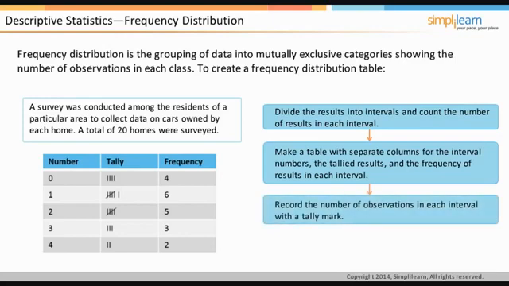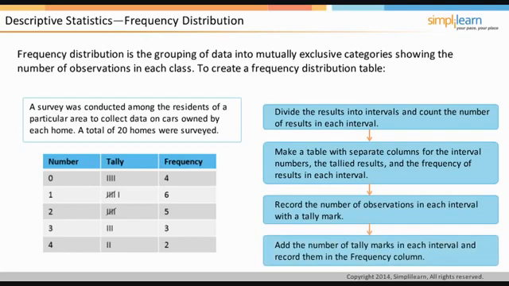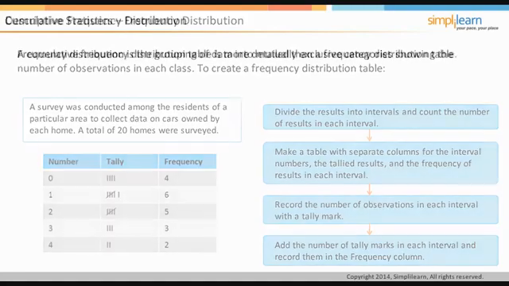Each result for a given interval is recorded with a tally mark in the second column. The tally marks for each interval are added, and the sum is entered in the frequency column. The frequency table allows viewing distribution of data across a set of values at a glance. In the following screen, we will look at cumulative frequency distribution.